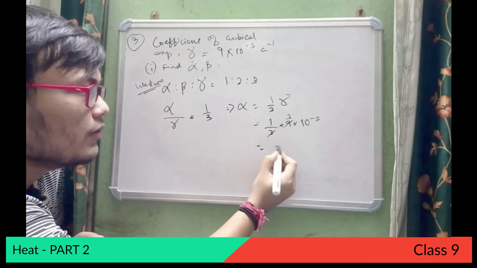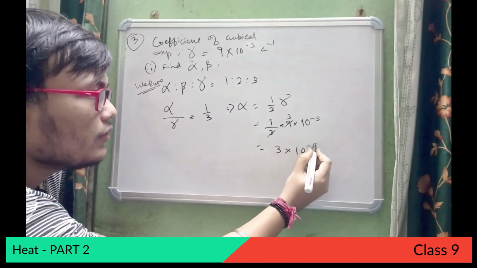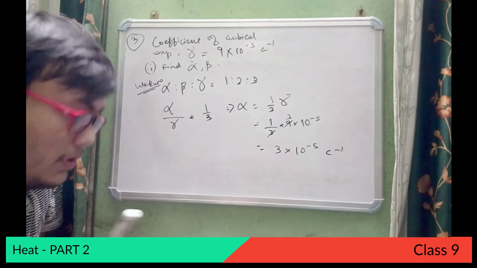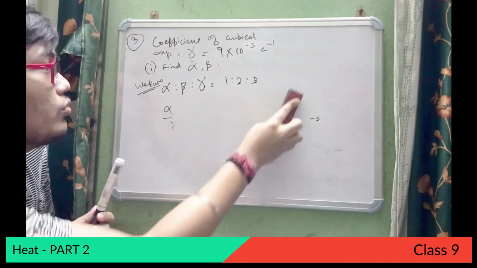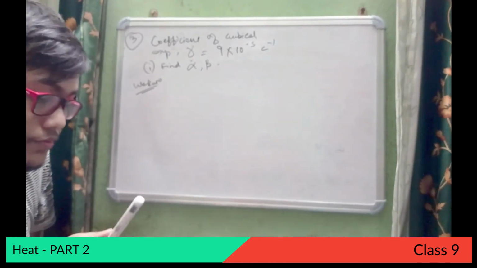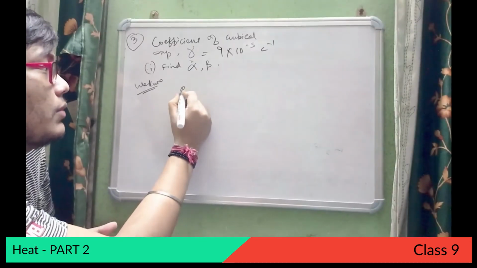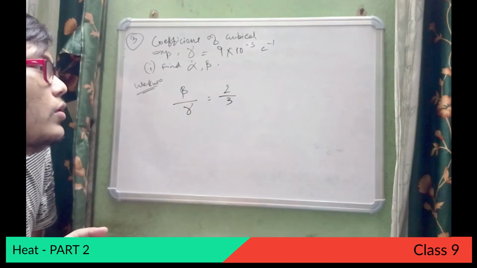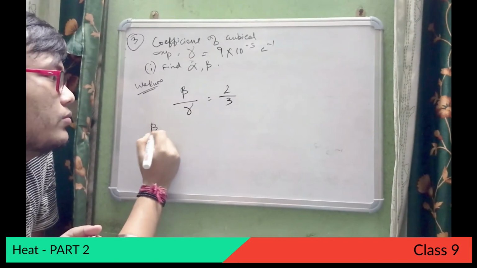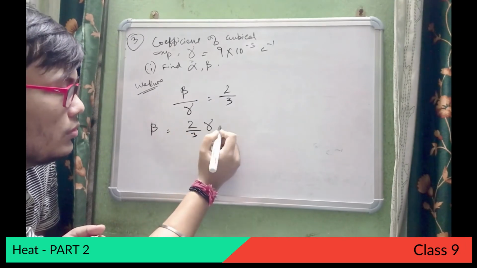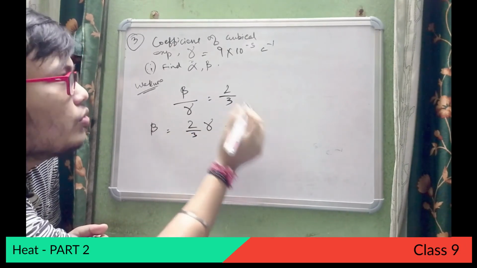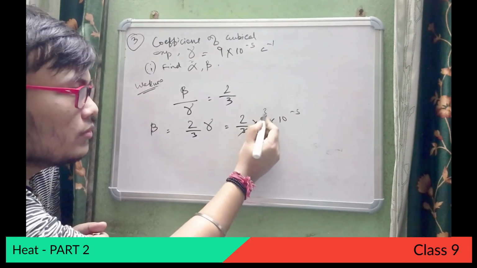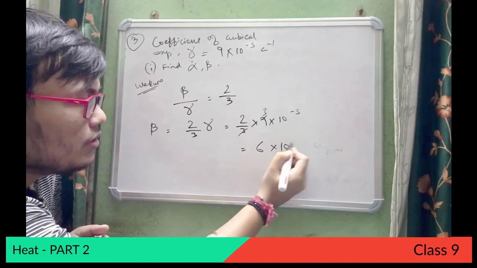Cancel with 3, it gets 3 into 10 to the power minus 5 per degree Celsius. Similarly, we will find out the value of beta. Beta by gamma becomes 2 by 3. So if we replace the value, 2 by 3 into 9 into 10 to the power minus 5, that is 6 into 10 to the power minus 5.